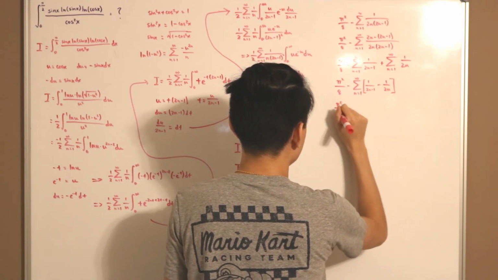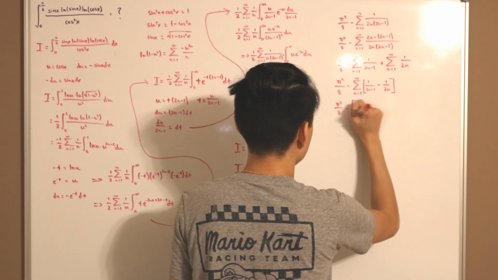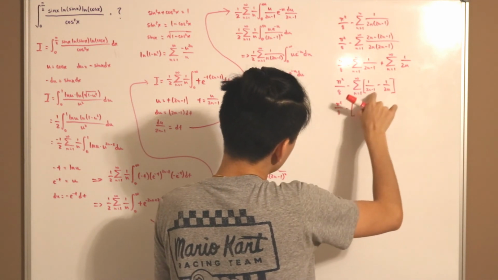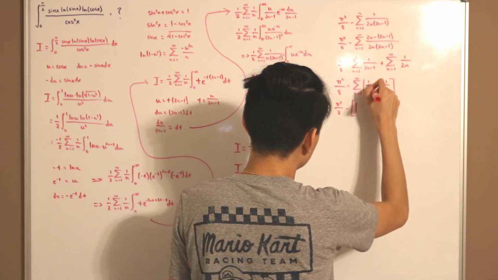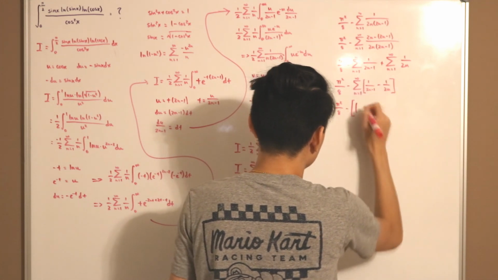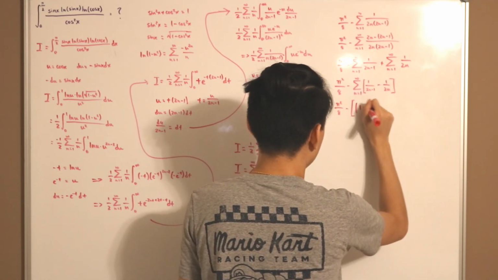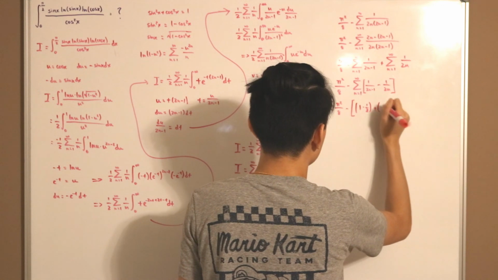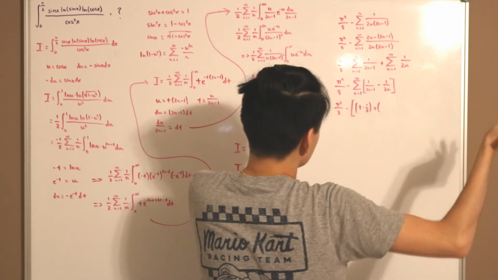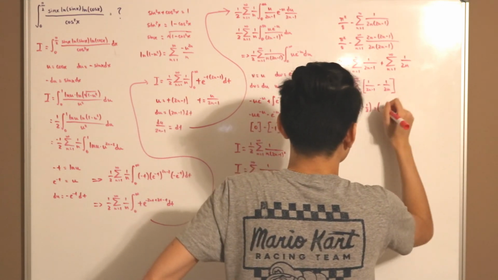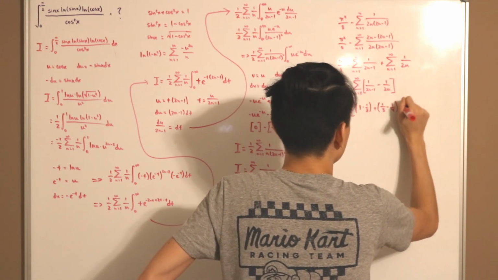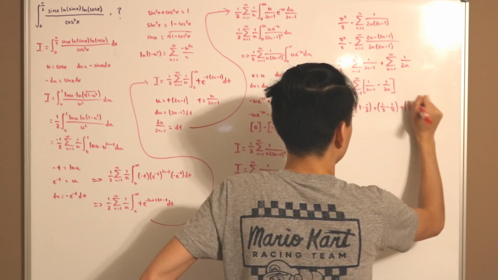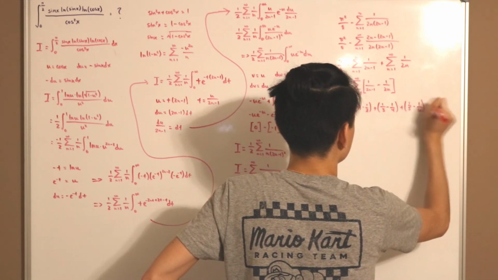I'm going to write this out manually. We plug n equals 1 in here, so this is just 1 divided by 1, so it's 1 minus 1/2, then plus, we do n equals 2, and so on. So it's just 1 over 3 minus 1 over 4 plus 1 over 5 minus 1 over 6, and so on.